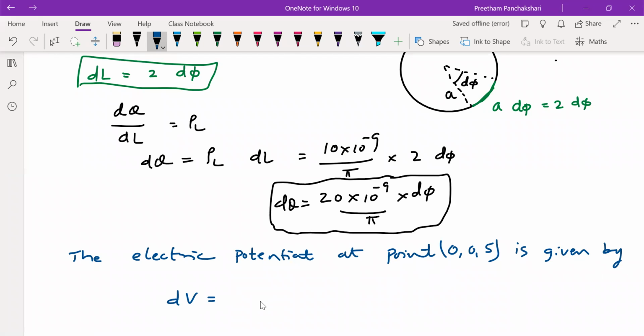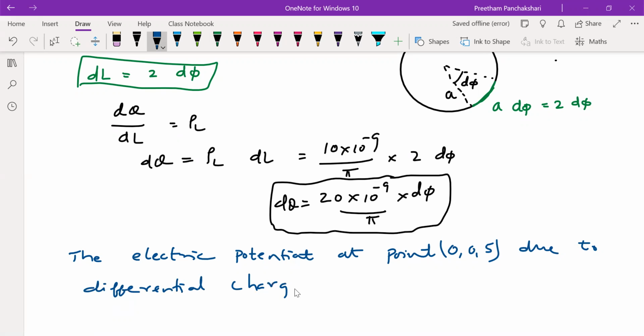Let us also mention this is the potential due to the differential charge dq.